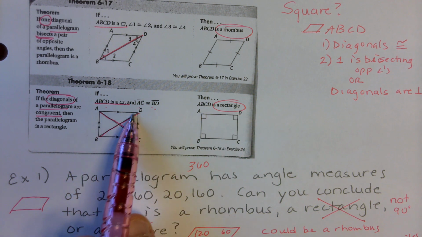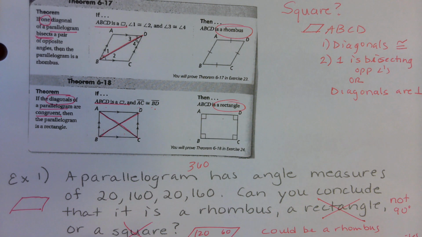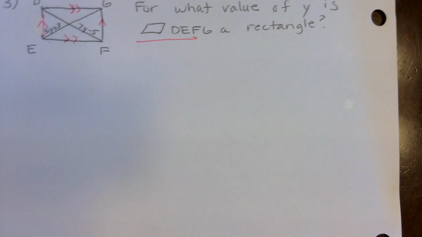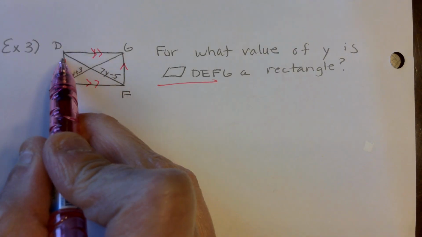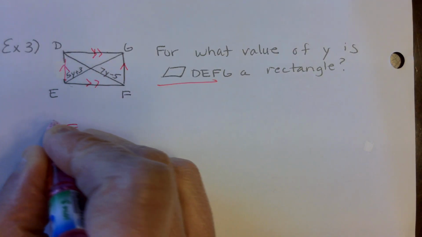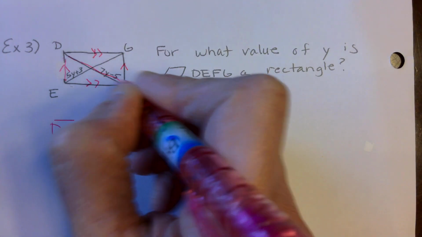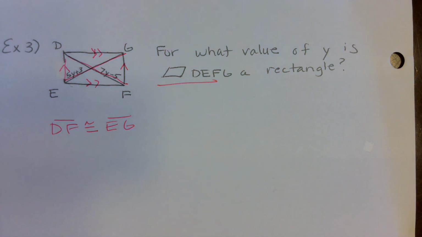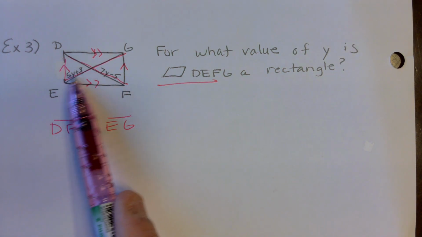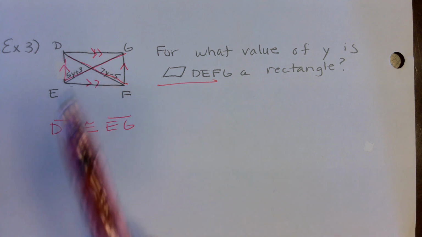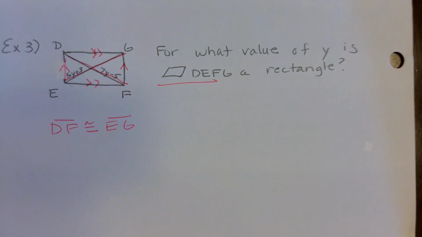And it said if these were the same, that would mean that DF is congruent to EG. This is congruent to this all the way across. So you might be thinking, okay, that's fine, but this is only this little part, and this is only this little part. But what did we just say about parallelograms on the bottom of the last page?